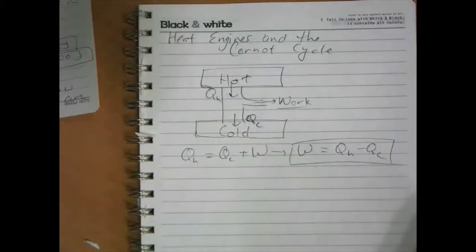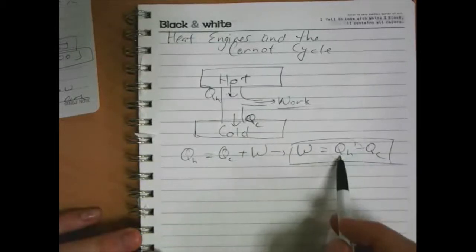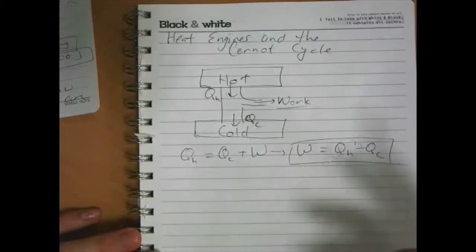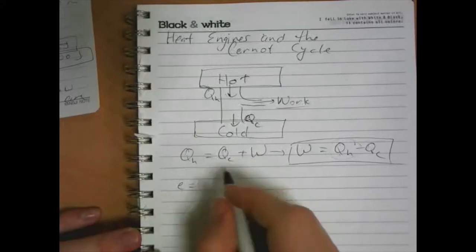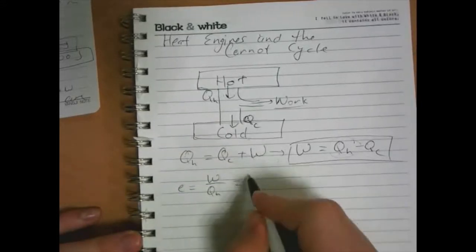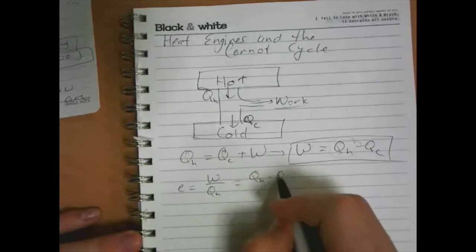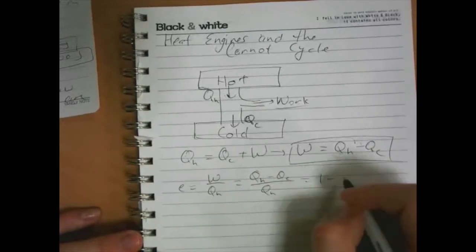The efficiency of a heat engine is what fraction of this Q hot is actually used for work. So efficiency is E. That's equal to work over Q hot, which could also be written as Q hot minus Q cold over Q hot, which can also be written as 1 minus Q cold over Q hot.